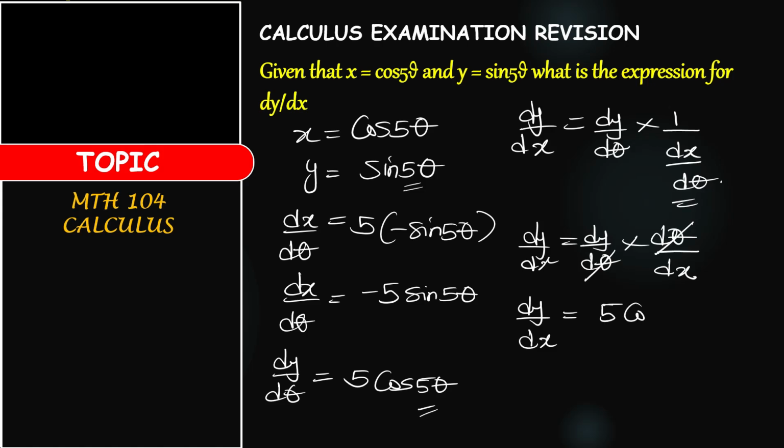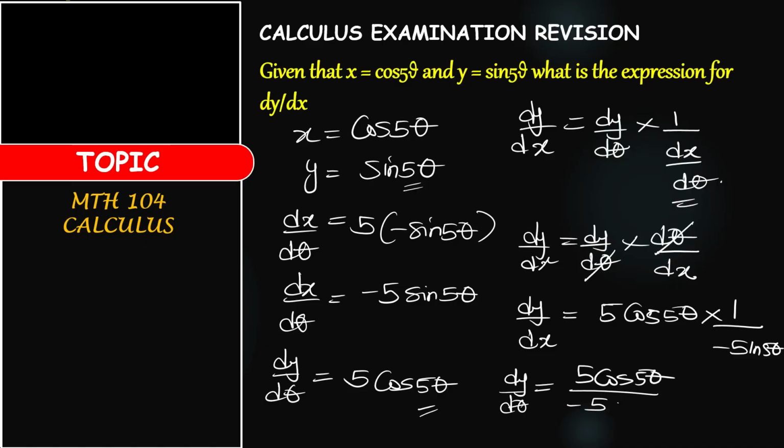What is our dy/dθ? 5 cos 5θ times 1 over dx/dθ, which is minus 5 sin 5θ. So dy/dx will be 5 cos 5θ divided by minus 5 sin 5θ. 5 can cancel 5.